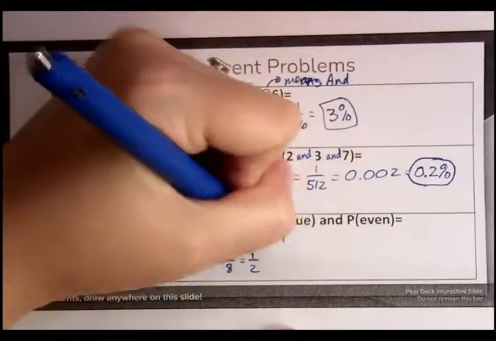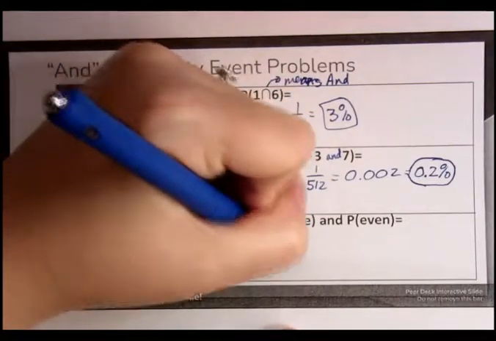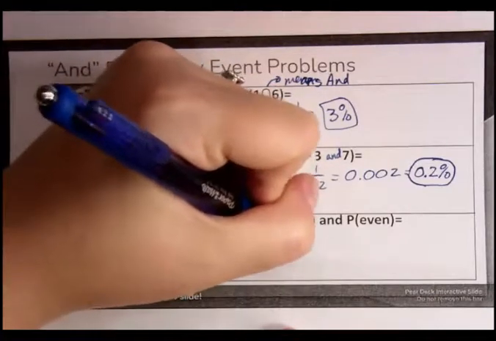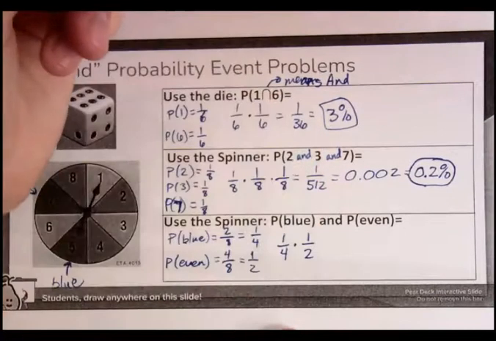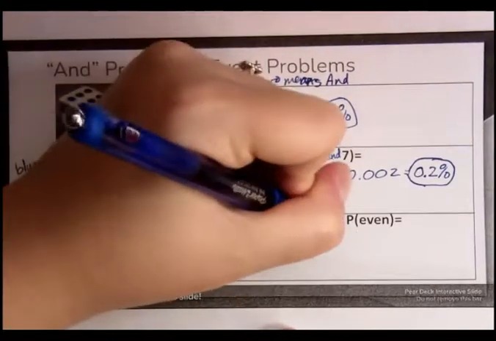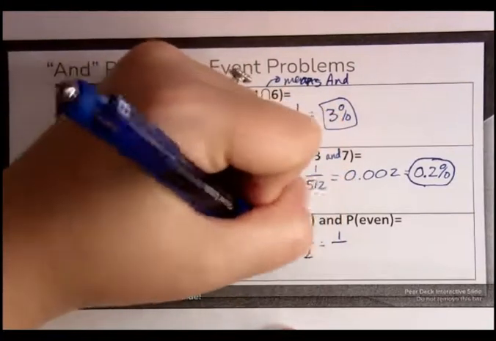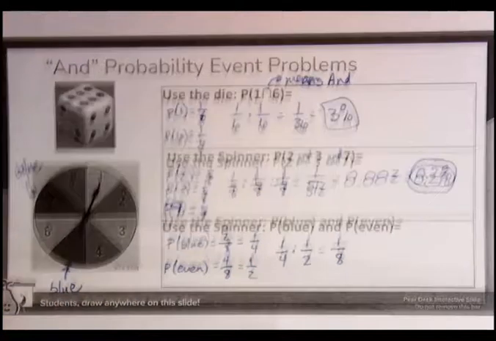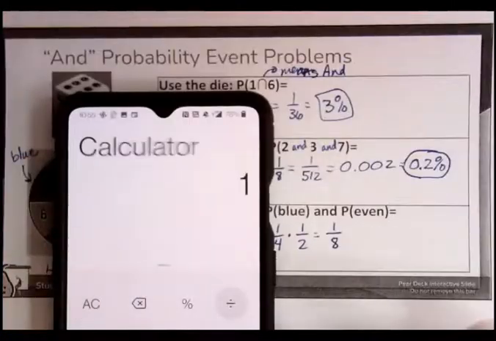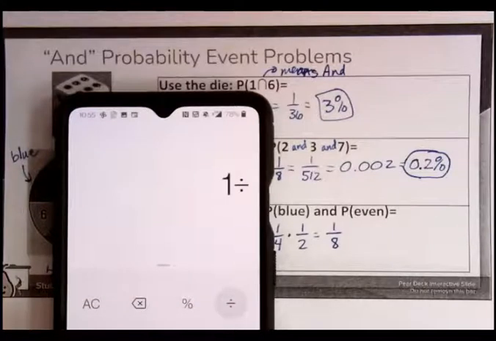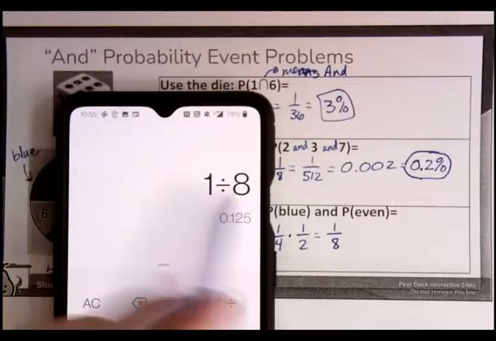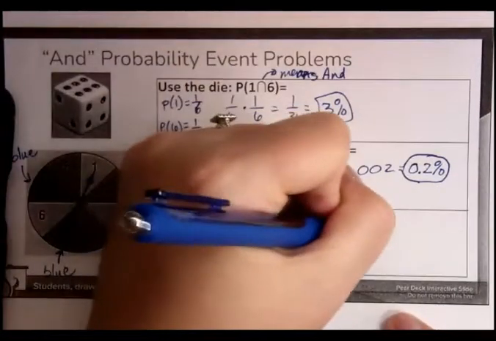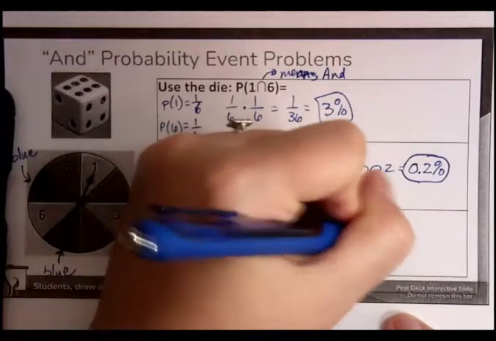So we're going to multiply the probability of blue, which is 1 over 4, times the probability of landing on an even, which is 1/2, we will end up getting 1 over, and then 4 times 2 is 8. So 1 over 8, to put that into a percentage, we would divide 1 divided by 8 is 0.125.